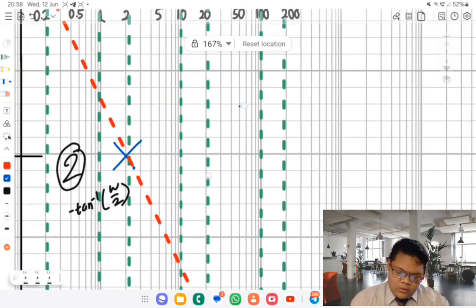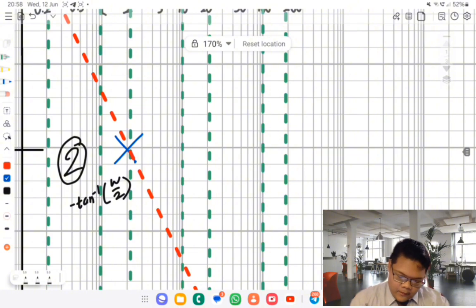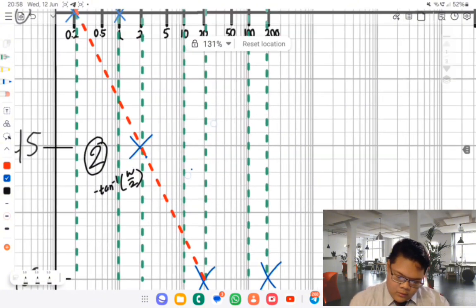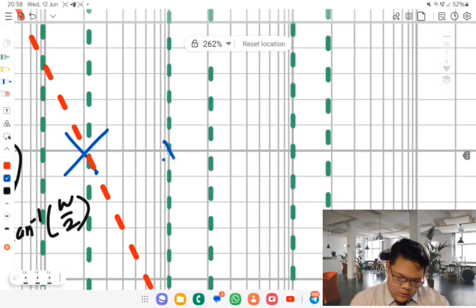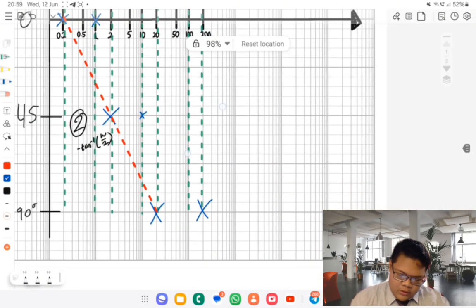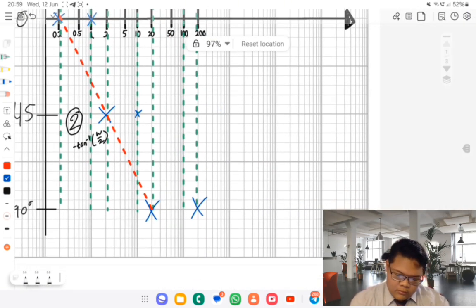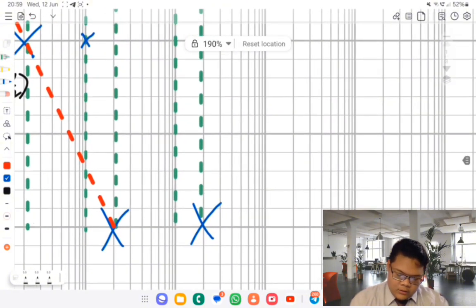So the value will drop 45 degree. So the plot will be somewhere here, and then for the next part is 100. So 100 will drop another 45 degree from before, which is 90 degree.